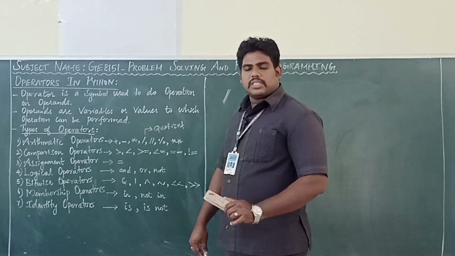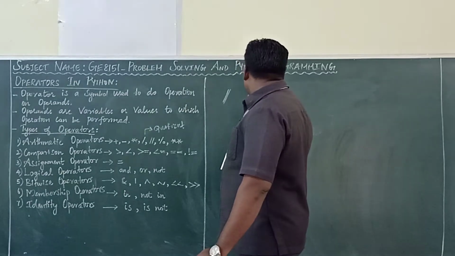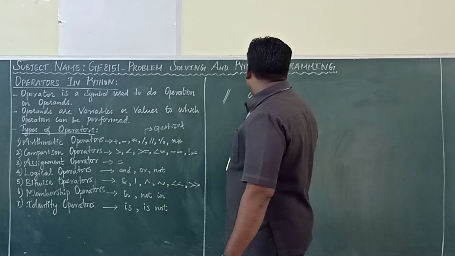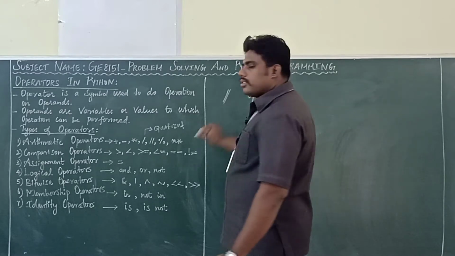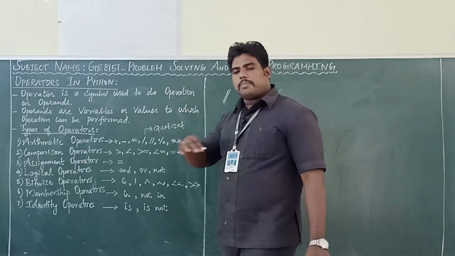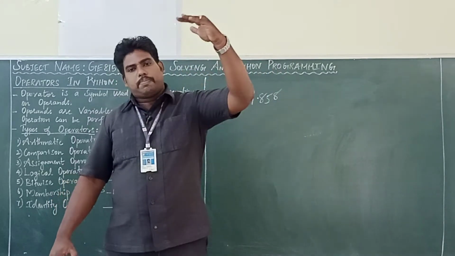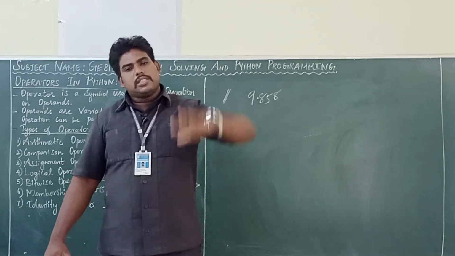Floor division means if suppose you are getting a pointed value like this, 9.858. What does floor mean? See this number, two things are there: ceil and floor. Ceil means top and floor means bottom.